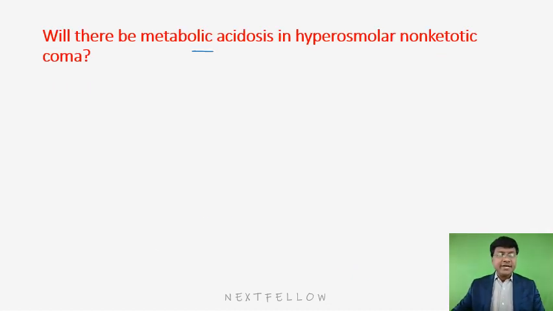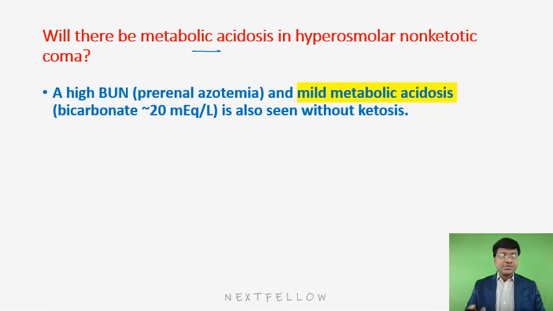Will there be metabolic acidosis in hyperosmolar non-ketotic coma? In diabetic ketoacidosis, there can be severe acidosis because the ketone bodies are acidic in nature. In hyperosmolar non-ketotic coma, there will be mild metabolic acidosis in the absence of ketosis.